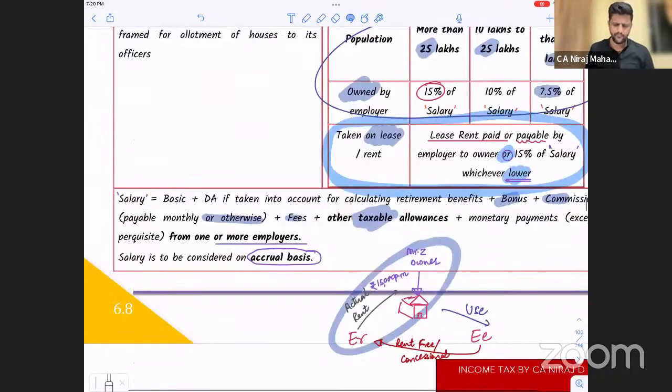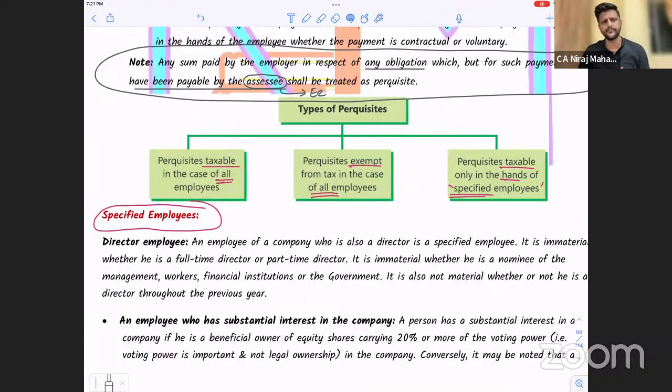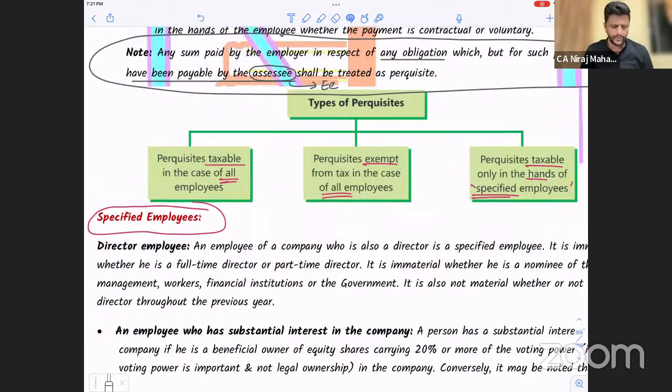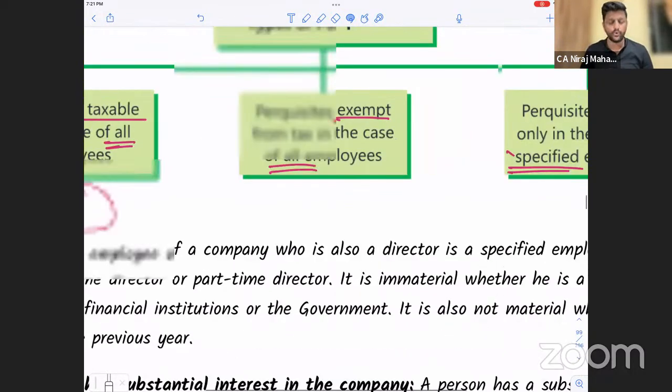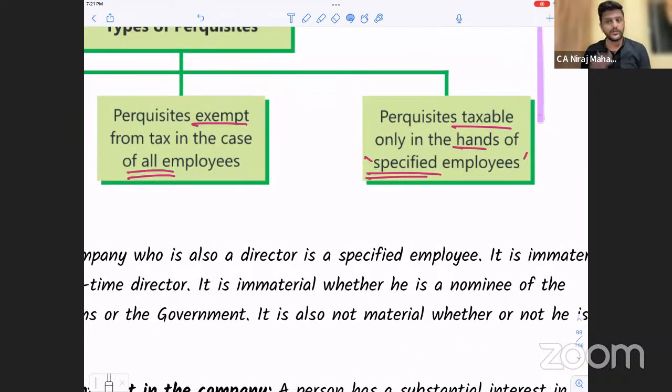So when the servant is hired by the employer and paid by the employer, it is taxable only for specified employees.